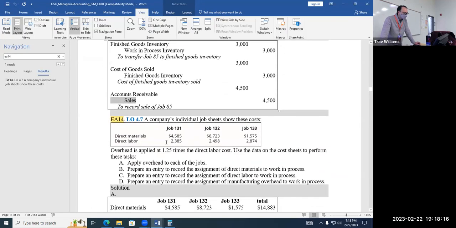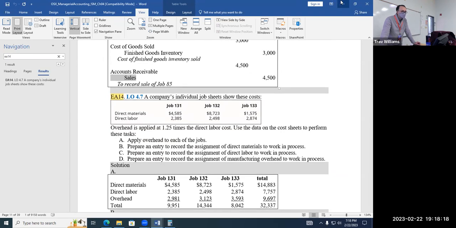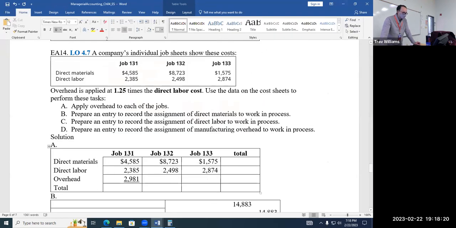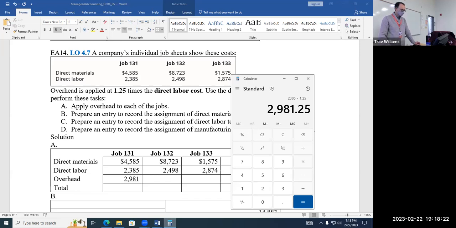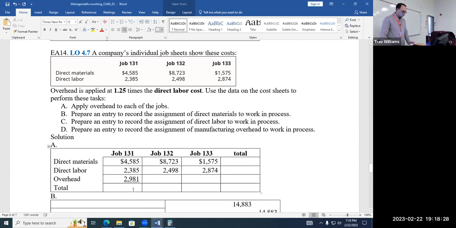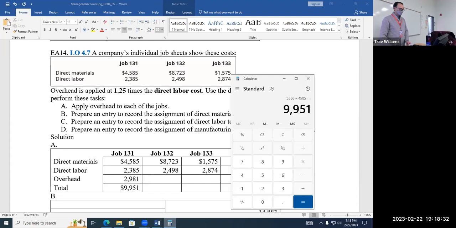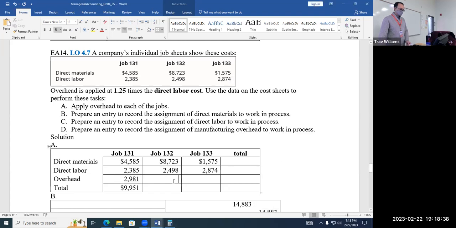I think they're rounding on this one. They are rounding. Okay, again, let me know if you get any different numbers than my numbers. We're going to round this one up.